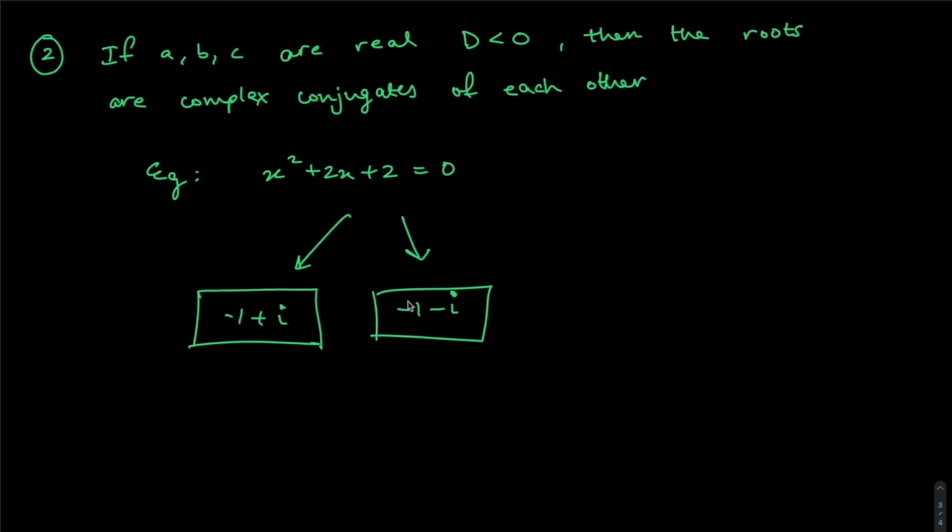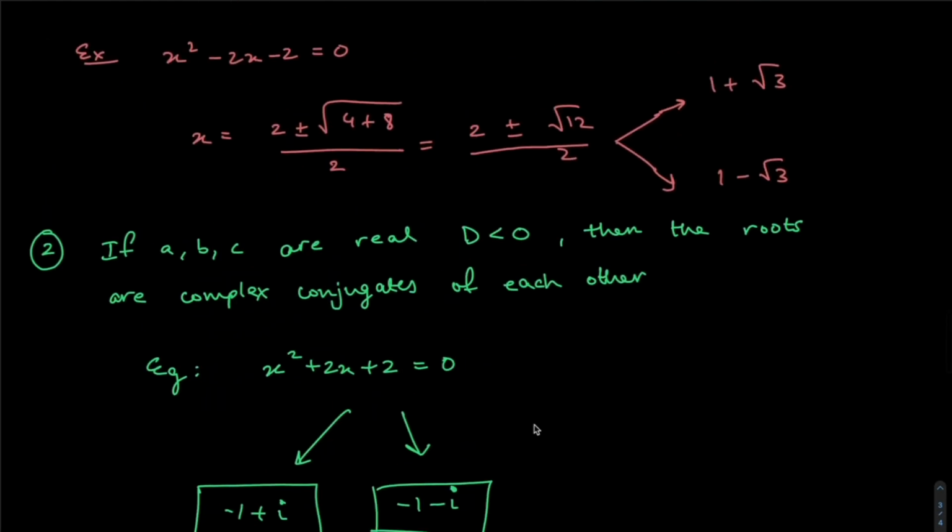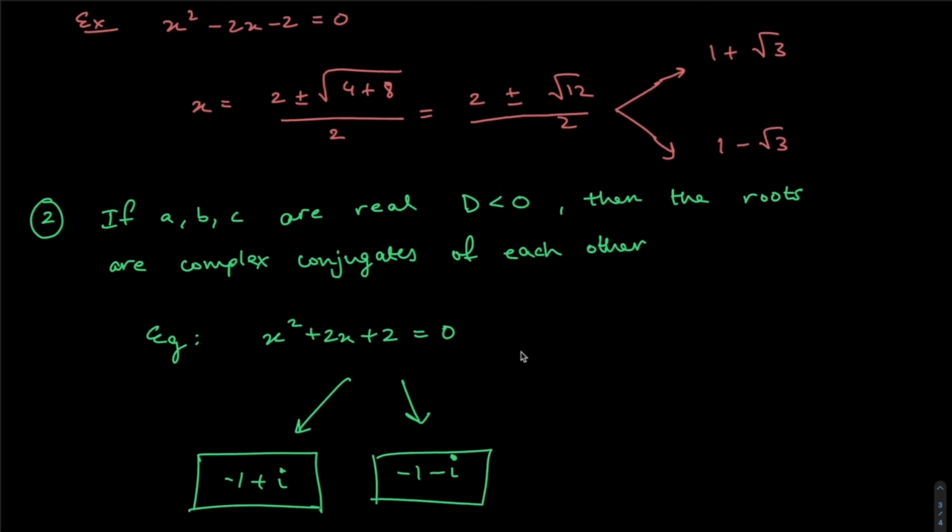So this property and the previous one are very similar, except that you have complex numbers here and real numbers there. That is the only difference. The application of both is quite similar, where you're going to have to back calculate and find the original values or the original polynomial or equation.